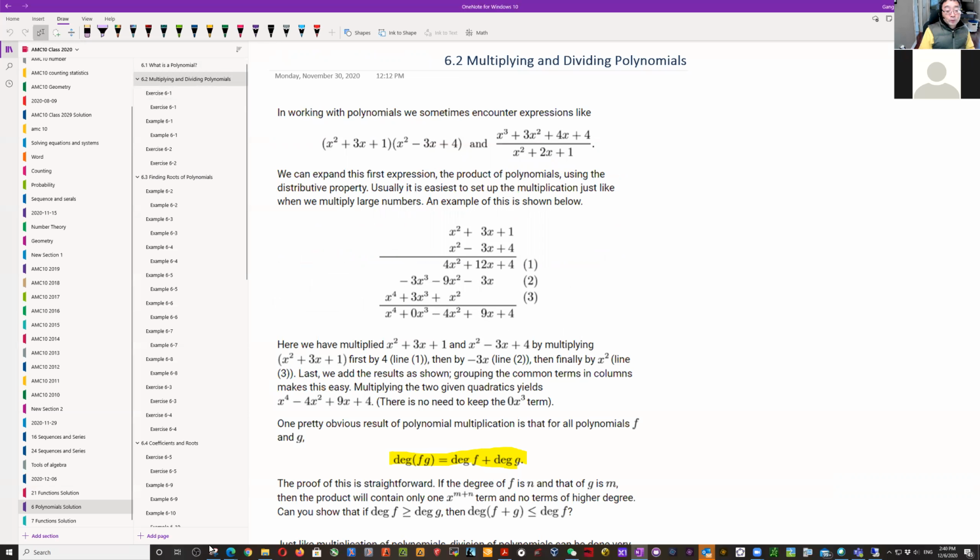So what are we going to do with polynomials? We're going to learn how to do multiplication and division. We are also going to learn synthetic division. We also are going to solve higher degree polynomials.